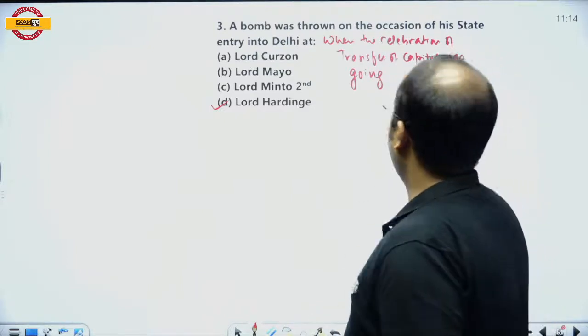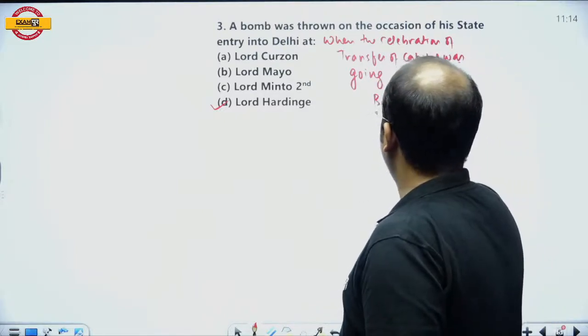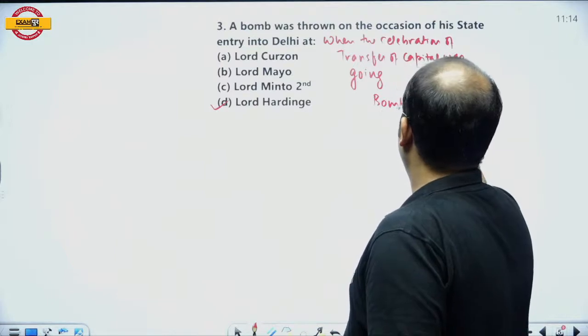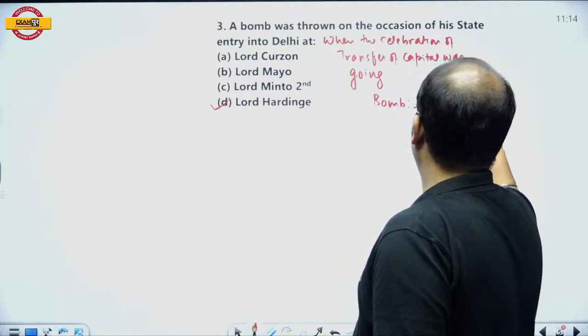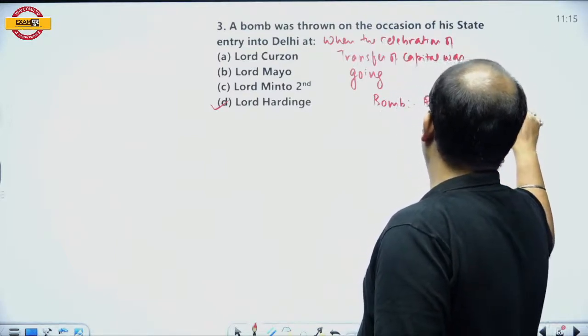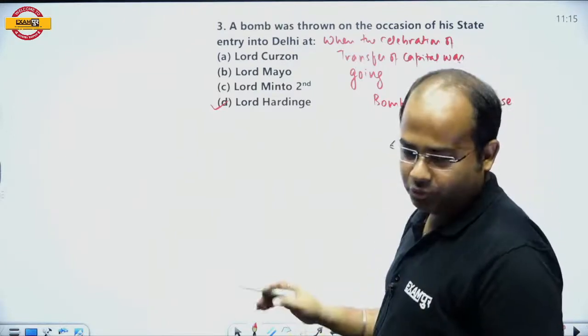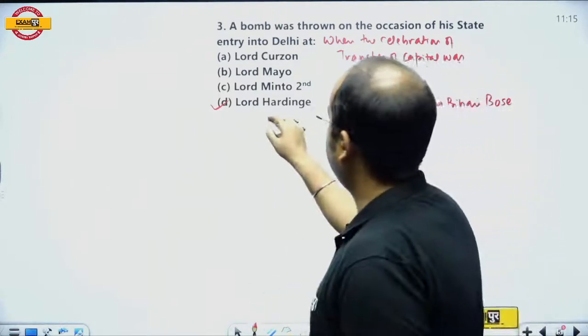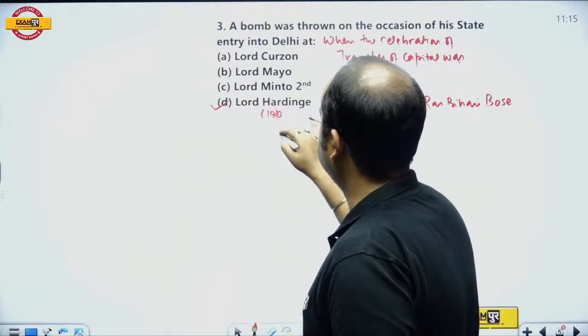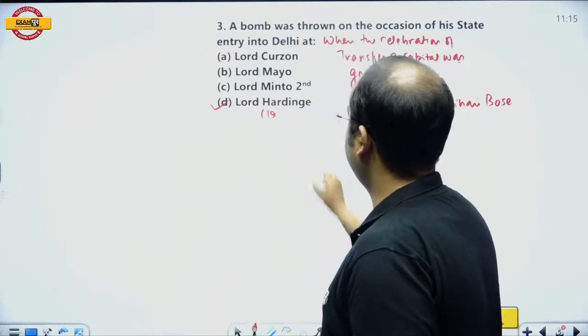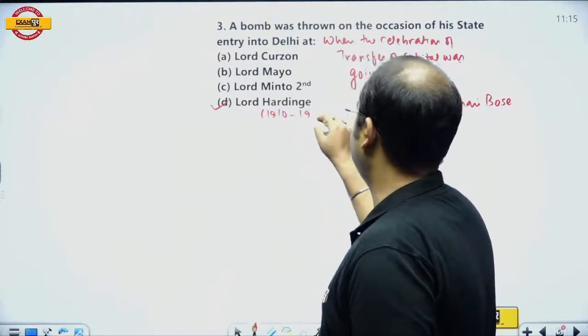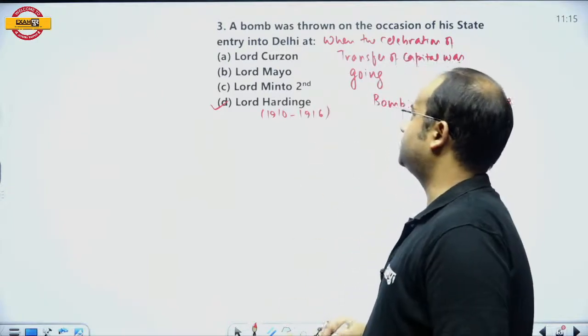And this bomb was thrown by Ras Bihari Bose. Bomb was thrown by Ras Bihari Bose to Lord Hardinge, and Lord Hardinge was the Viceroy from 1910 to 1916.